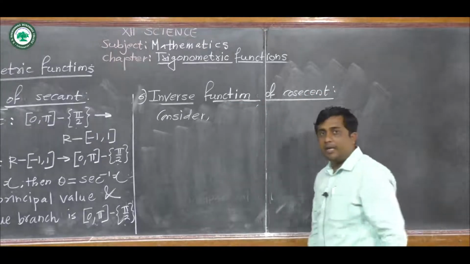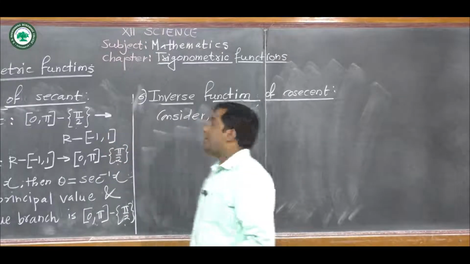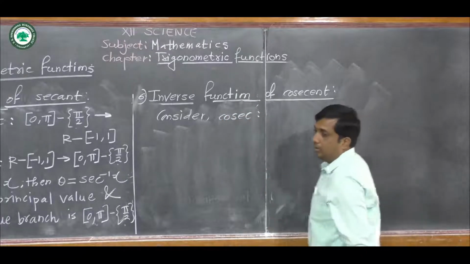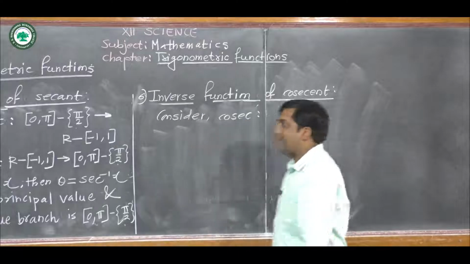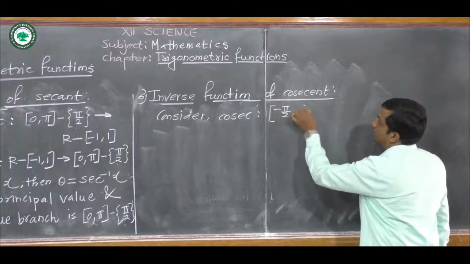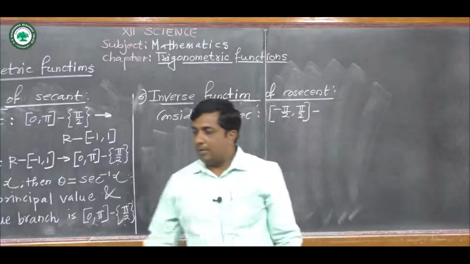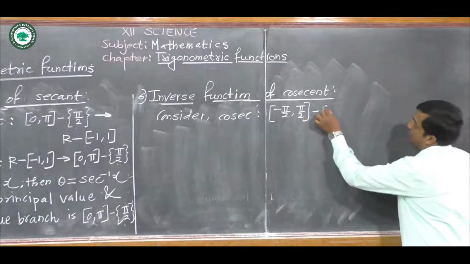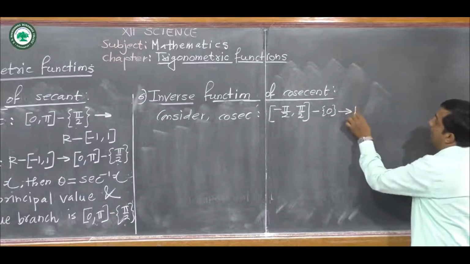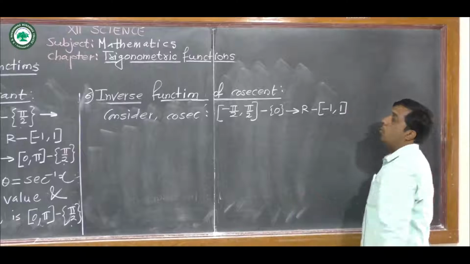To define the inverse of cosecant, we consider cosec as a function from the closed interval minus pi by 2 to pi by 2 except the value 0, to R minus the closed interval minus 1 to 1.